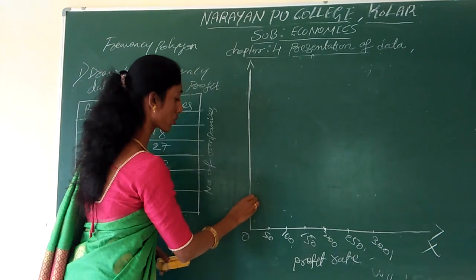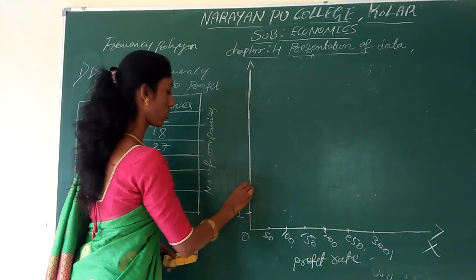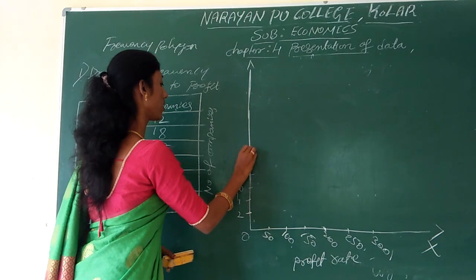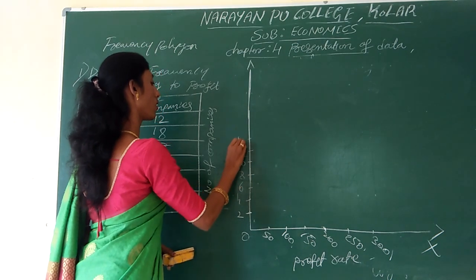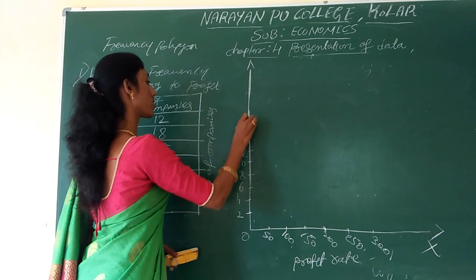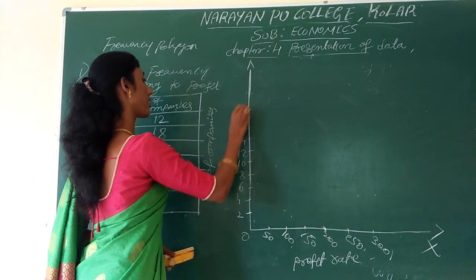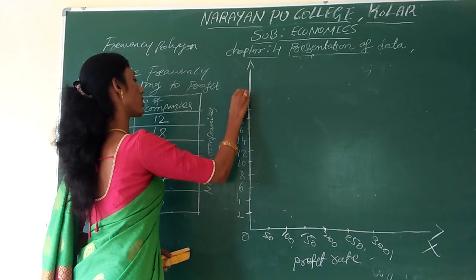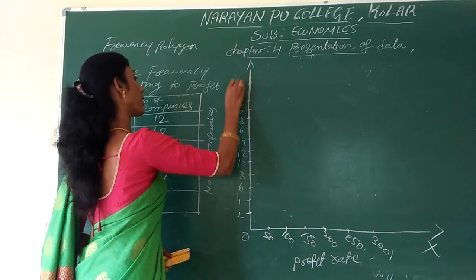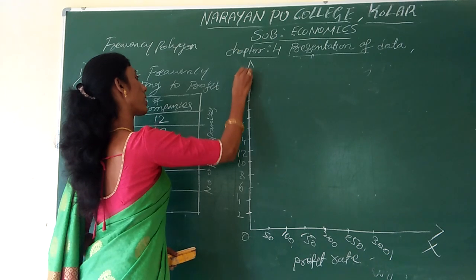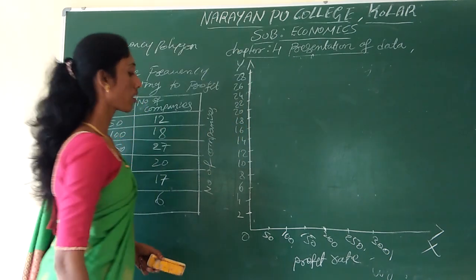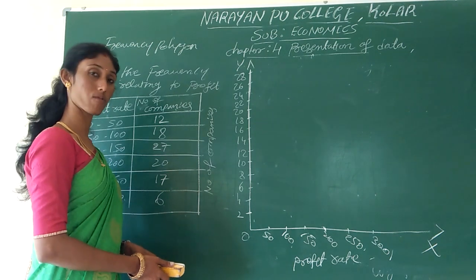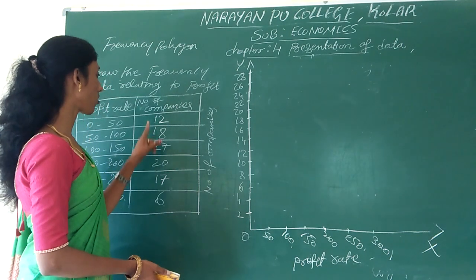As a class interval 2, 4, 6, 8, 10, 12, 14, 16, 18, 20, 22, 24, 26, 28. Okay? Now we can move to draw the histogram first, then we will draw the frequency polygon.